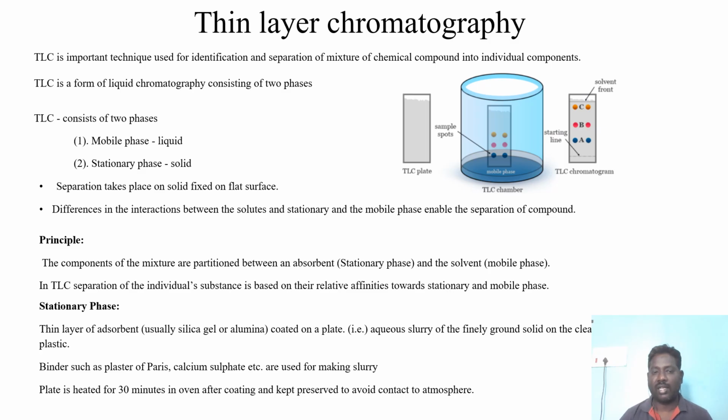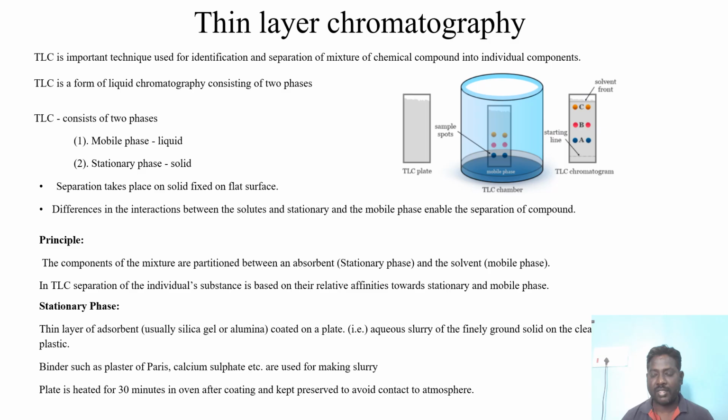As I said earlier, as with all chromatography, thin layer chromatography also consists of two phases. One is the mobile phase, which is a liquid, and the other is the stationary phase, which here is a solid.